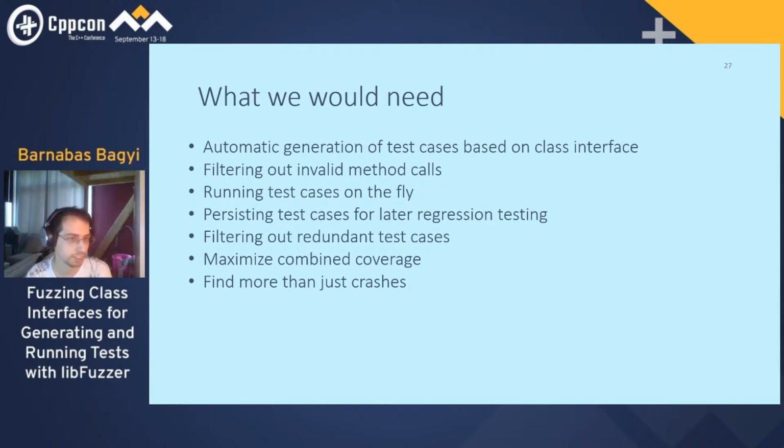Of course, finding crashes is great. And it's relatively easy to find them because if we run on them, we crash, right? It's a great identification of an error. But it would be great if we could detect other things, other undefined behavior, or even logical errors as well.